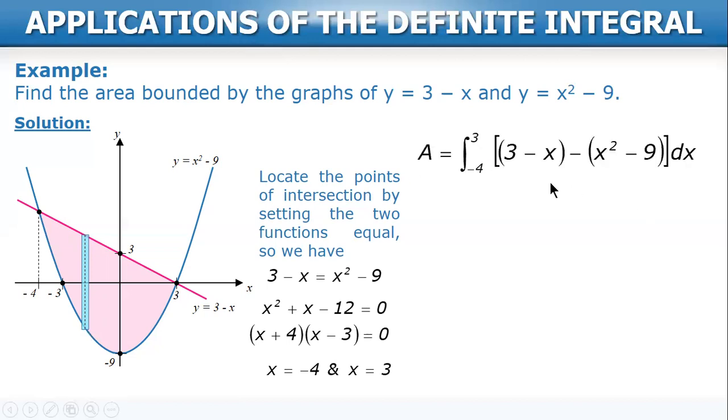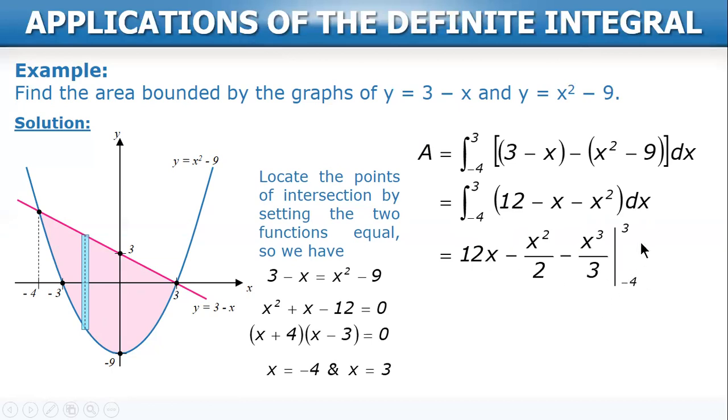So the area is line minus parabola, and then dx, x from negative 4 to positive 3. So simplify and then you integrate, and then after that you evaluate upper limits and lower limits.